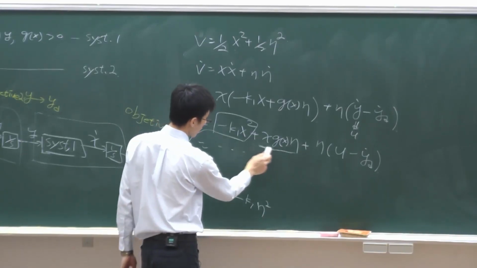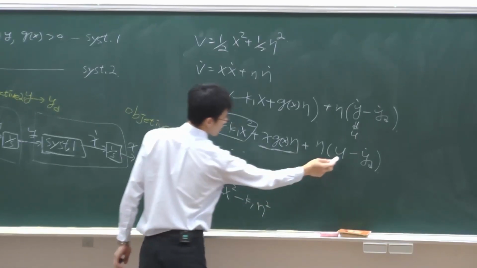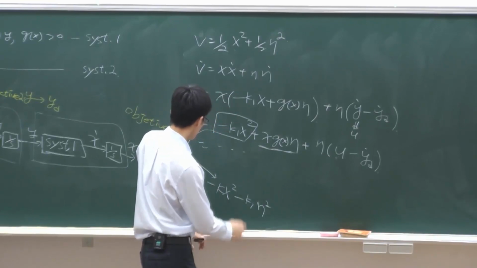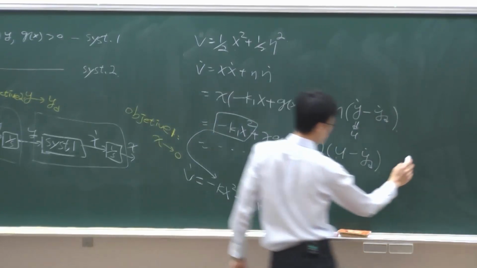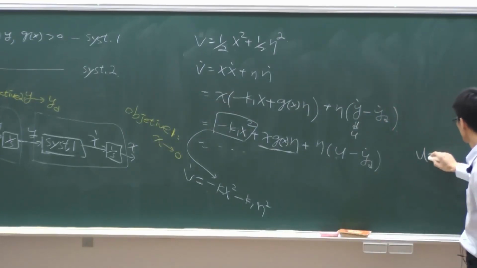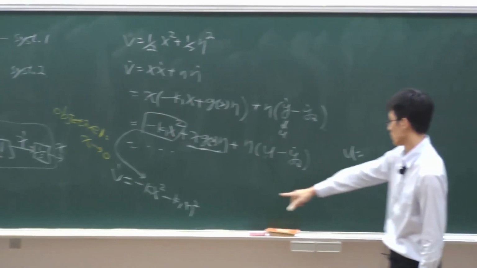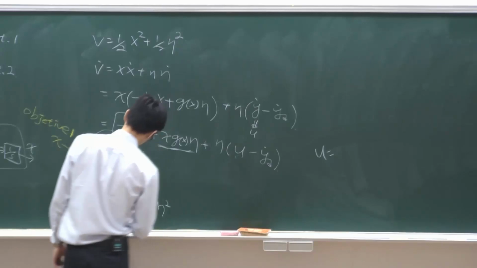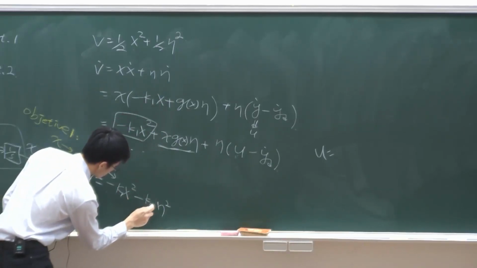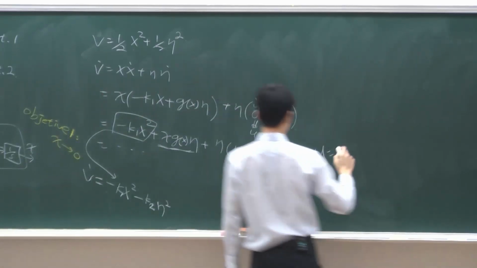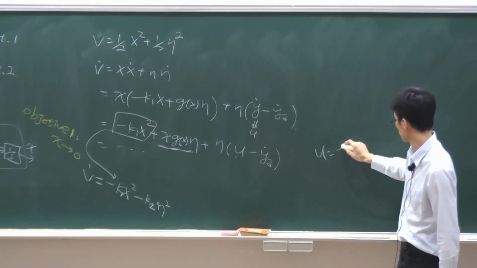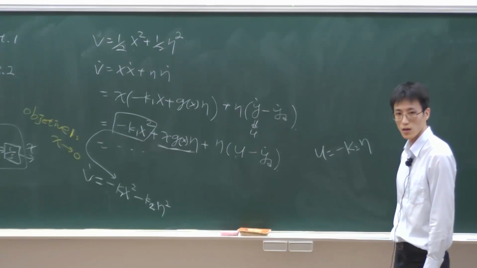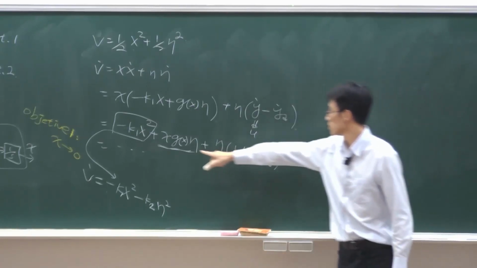And how can you cancel this out? We can design the controller, right? So you can design U as, first you need the feedback term. Here's K1, here's K2. You will design U as minus K2 eta, right? Then you need to cancel out this term.